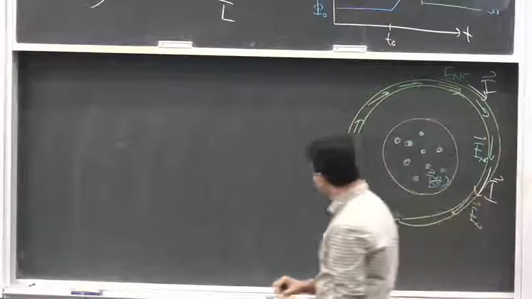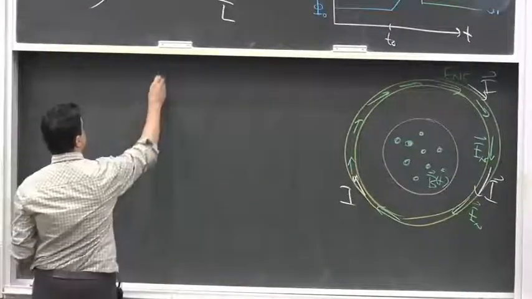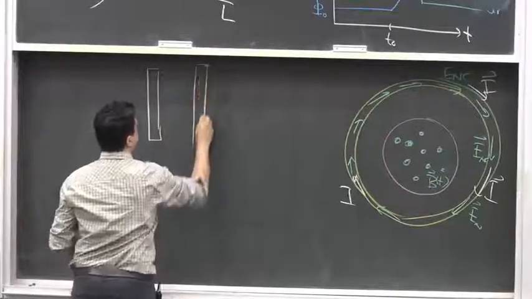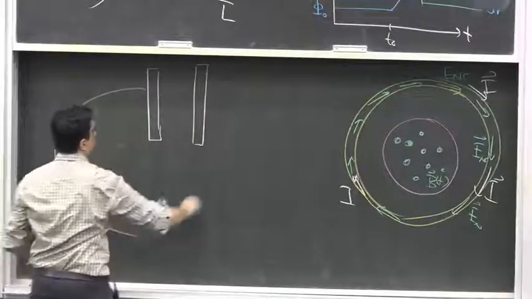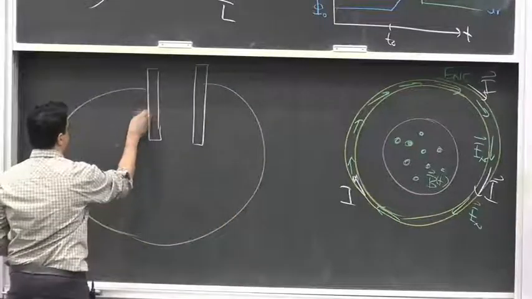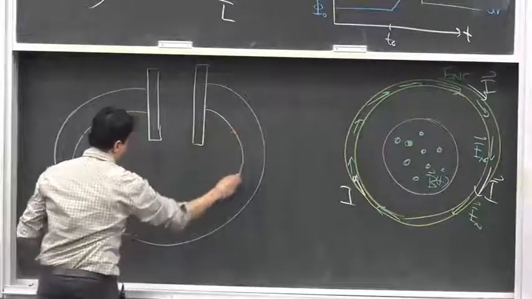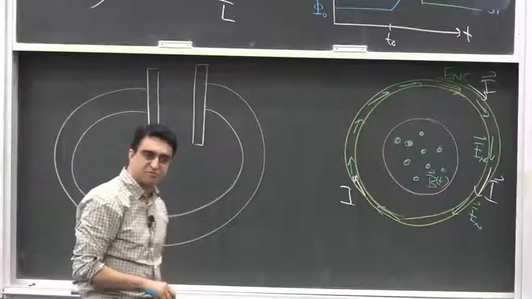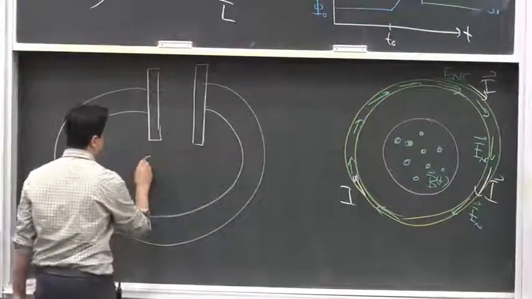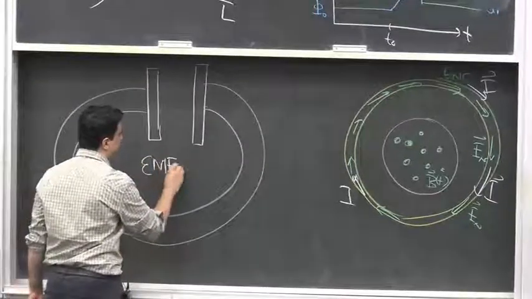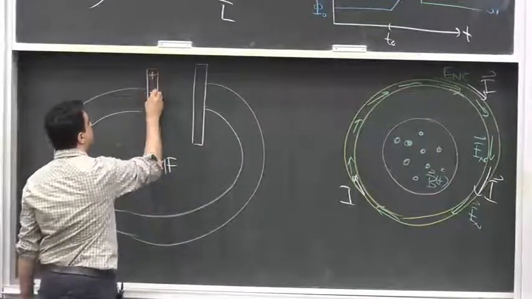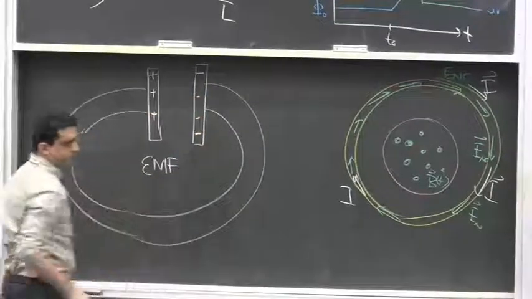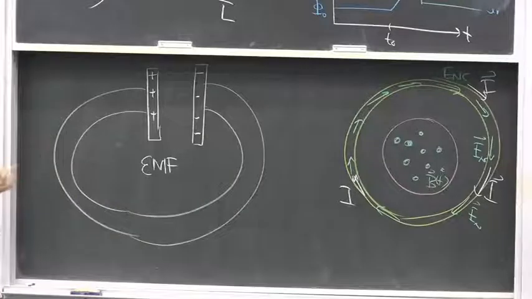So for example, if I take a simple circuit with an electromotive force source in it, an EMF source, and the EMF source is a battery. You produce a current in this thing.